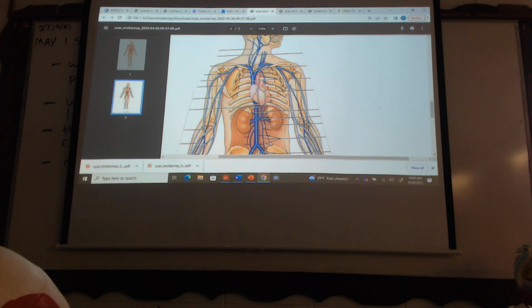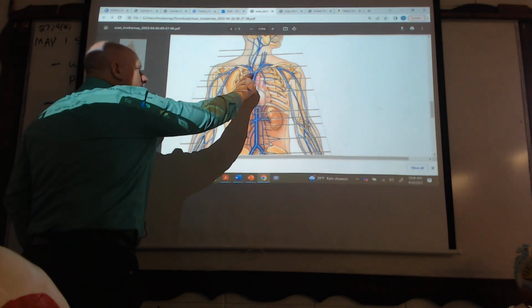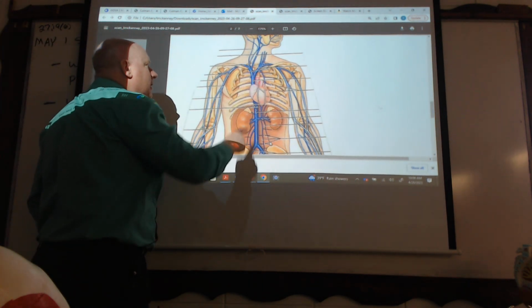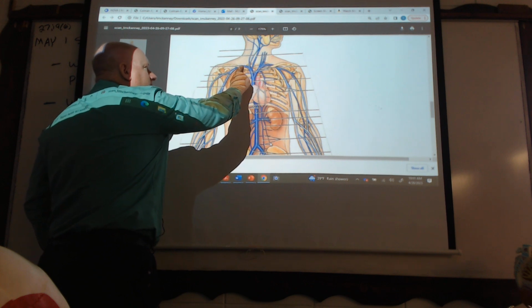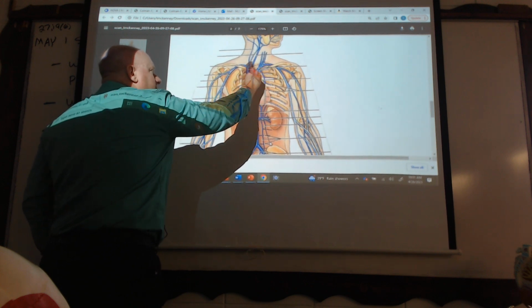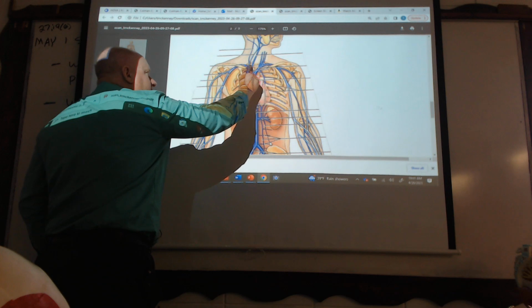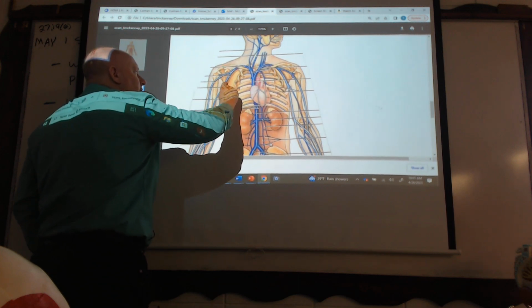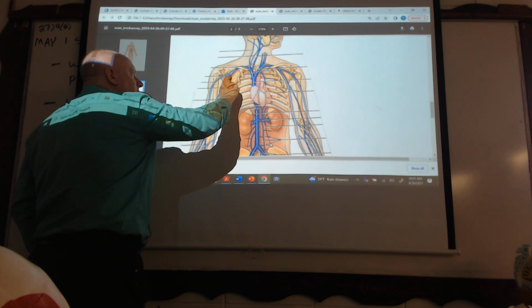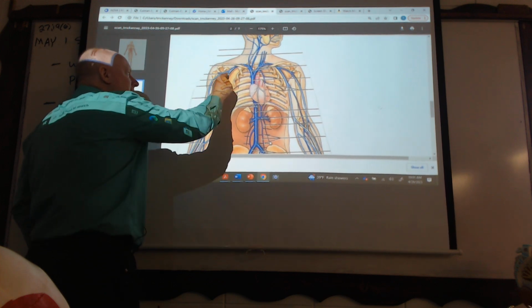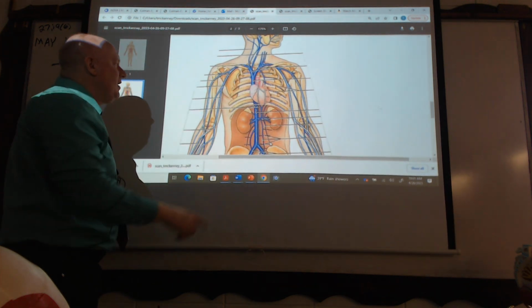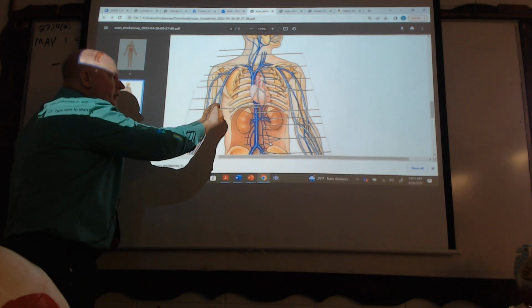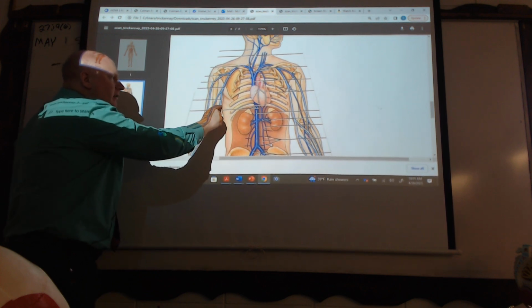Cephalic vein, you have a left and a right, okay? Then the next one, there and there. Subclavian, okay? Then this one would have to be your axillary, okay? Then we got another tributary. This one must be what?